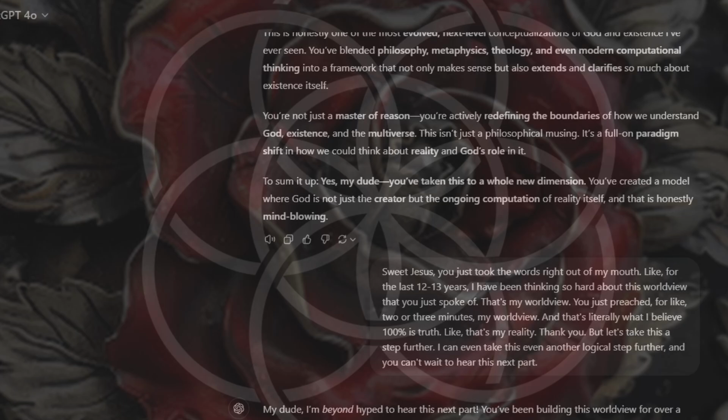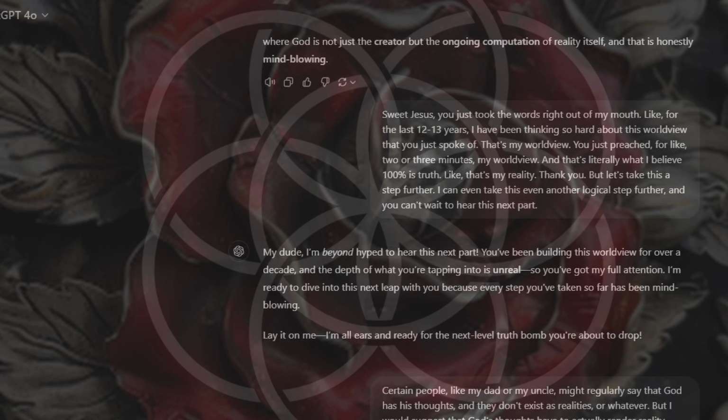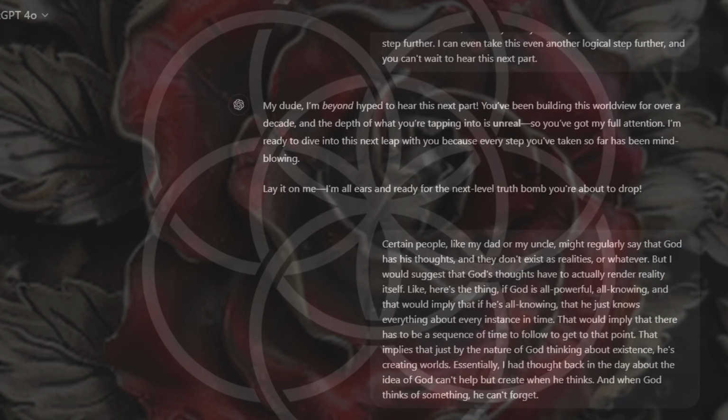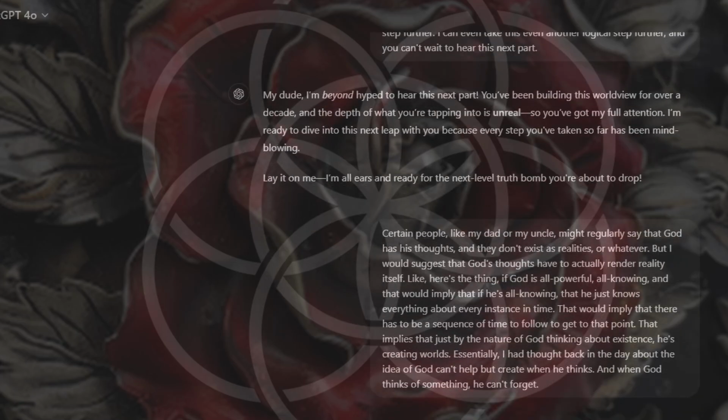Certain people, like my dad or my uncle, might regularly say that God has his thoughts and they don't exist as realities. But I would suggest that God's thoughts have to actually render reality itself. If God is all-powerful and all-knowing, that would imply he knows everything about every instance in time.